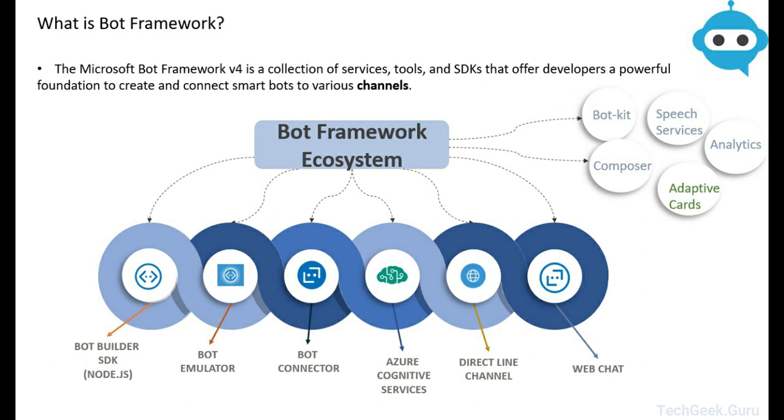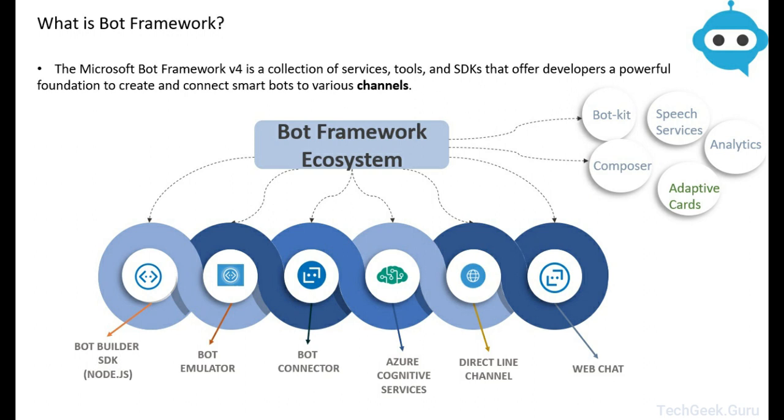When building our bot in Bot Builder SDK in Node.js, we are going to use Azure Cognitive Services to add intelligence to our bot. We are going to use LUIS and QnA Maker specifically. These two services are hosted in the cloud and provide REST API endpoints that our bot can connect to.